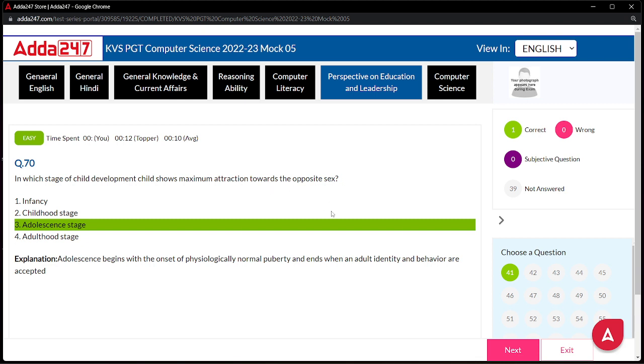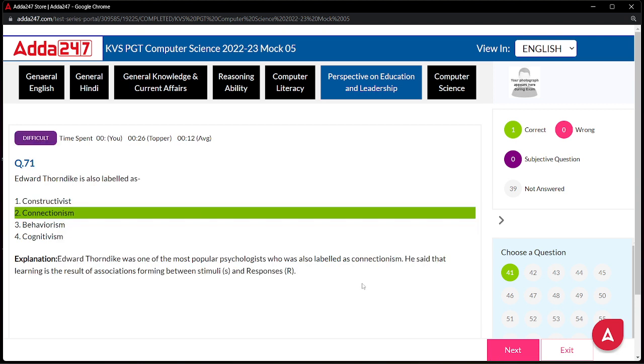That is the adolescence stage. Edward Thorndike is labeled as connectionism, not constructivism. Edward Thorndike was one of the most popular psychologists, who is labeled as connectionism.